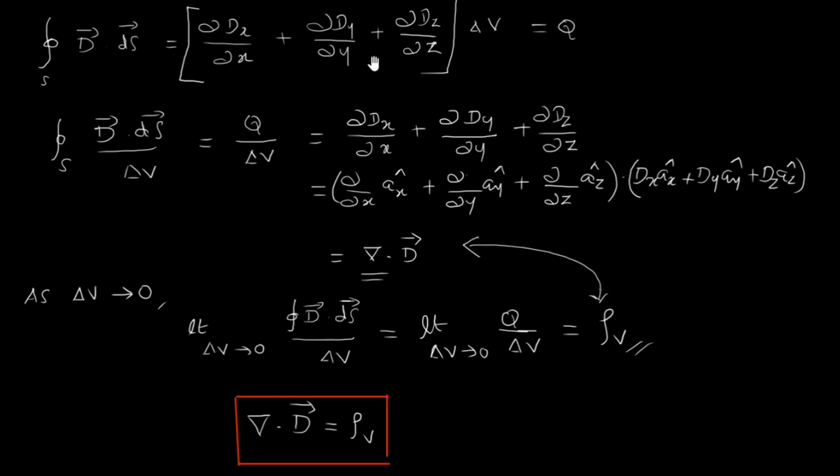This equation is further known as Maxwell's first equation, because it was mathematically derived by Maxwell. So this is also known as Maxwell's first equation in electrostatics, and this is also known as Gauss law in point form or in differential form.